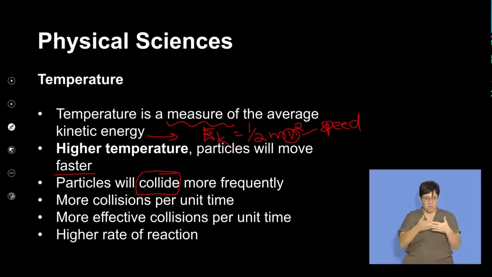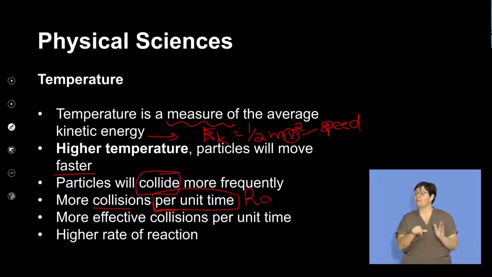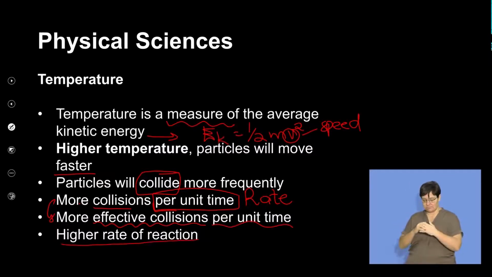So we will have more collisions per unit time. Remember, this per unit time is all to do with the rate of a reaction. And if we have more particles per unit time, we will most likely have more effective collisions per unit time, and then that leads to a higher rate of reaction, meaning a reaction that is faster.